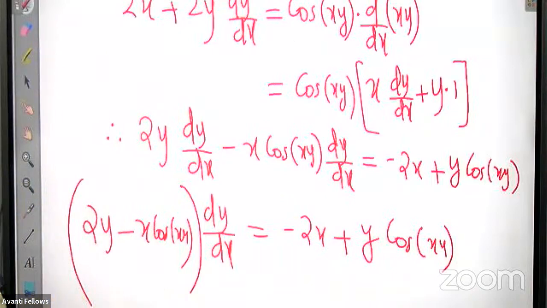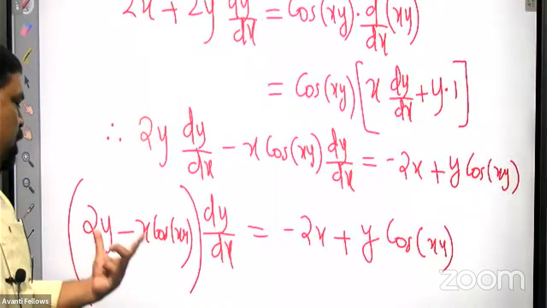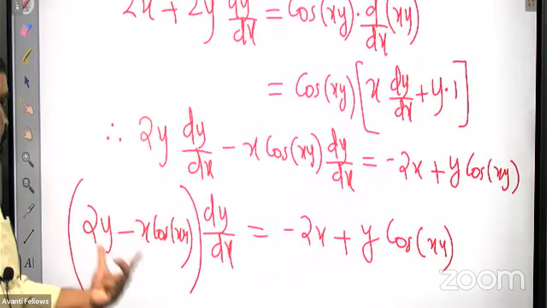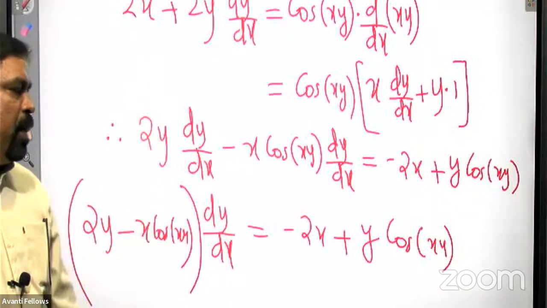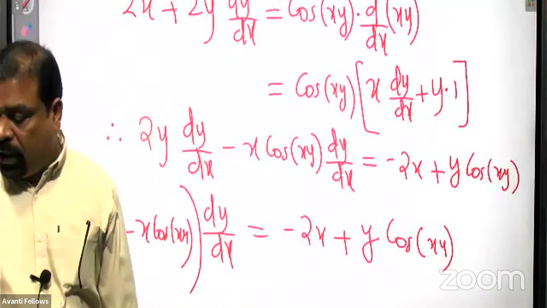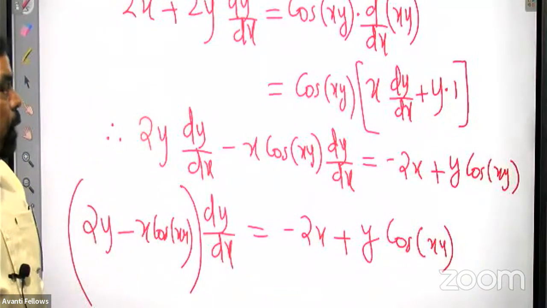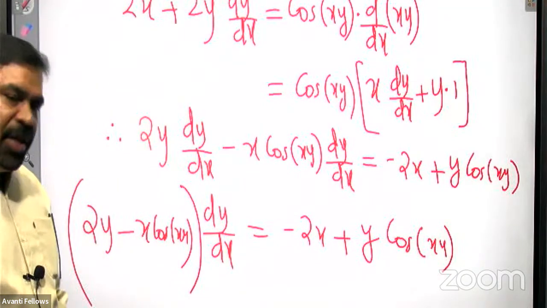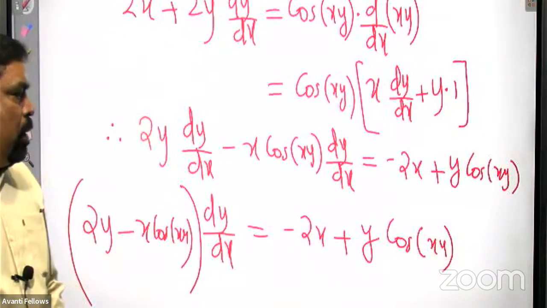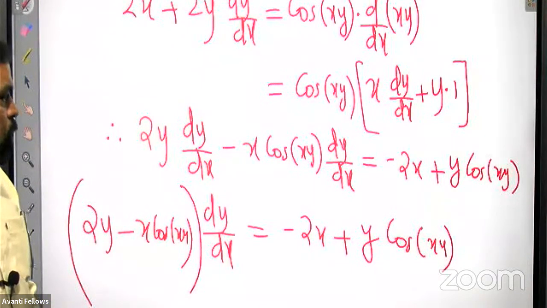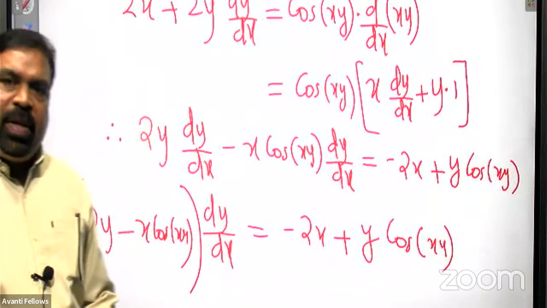So dy by dx equals minus (2x plus y cos of xy) divided by (2y minus x cos xy). This is called implicit differentiation, and we will discuss more problems later.